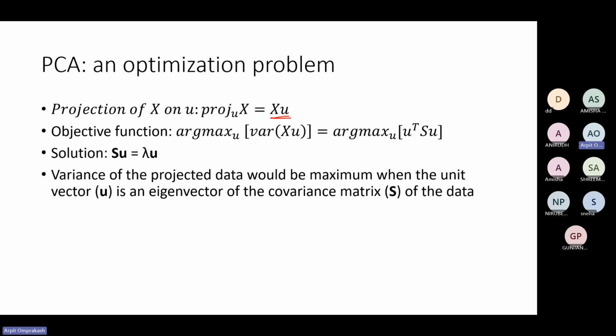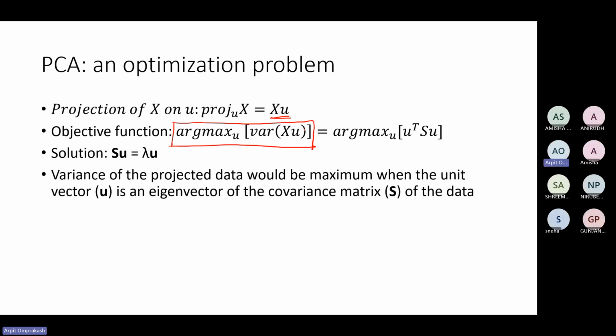So the objective of PCA is to maximize the variance of this by finding a suitable value of U. So that is what is represented here, right? So basically the objective of PCA is to maximize the variance of XU by varying the value of U. So we find a U such that the variance of XU is maximized because we want to retain the maximum variance in that unit vector, in that dimension, right?